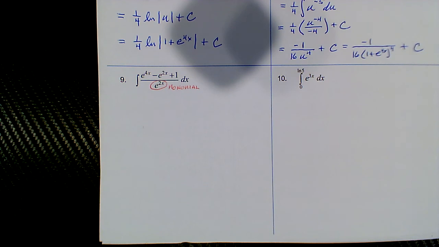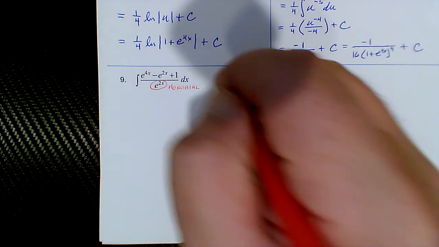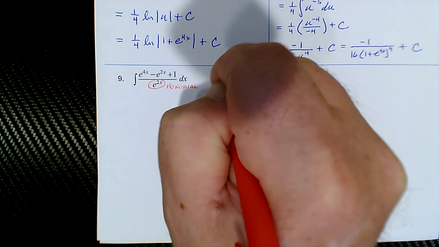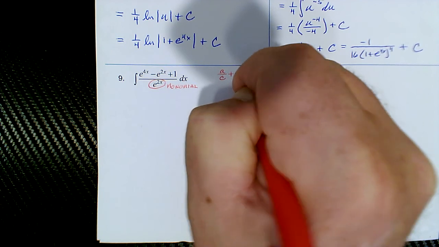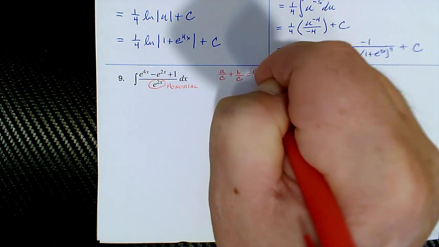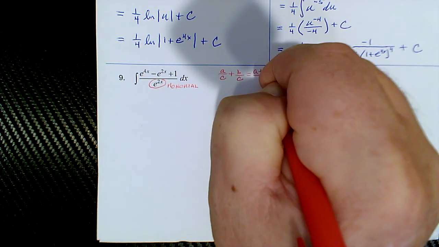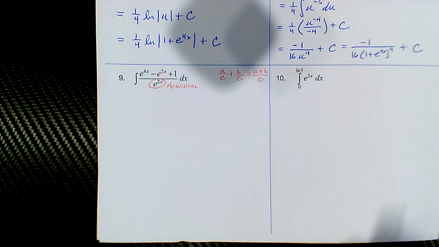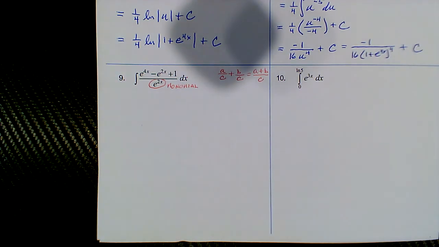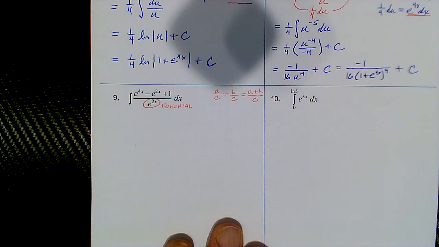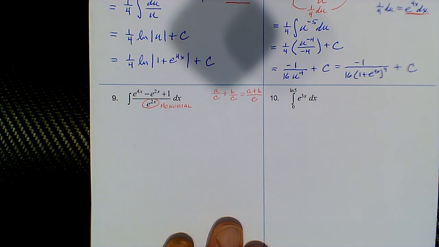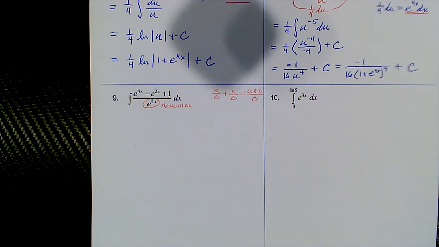And we have to algebraically modify this to fit an integrable form, basically by using, as we mentioned before, the rule for combining fractions in reverse. That is, if we have a over c plus b over c, adding fractions, we need a common denominator, and then we keep the denominator c and combine the numerators, so we get a plus b over c.